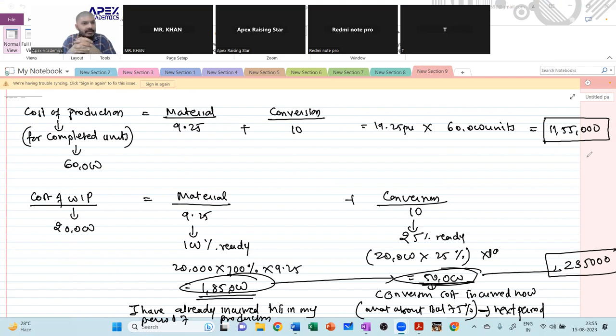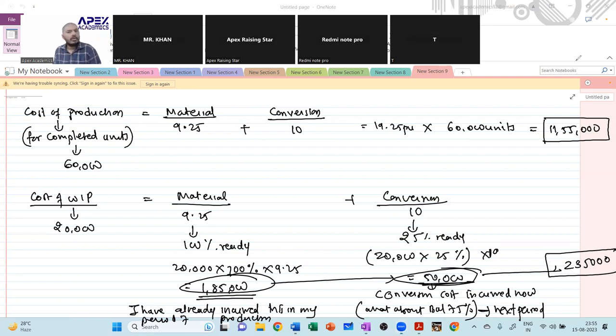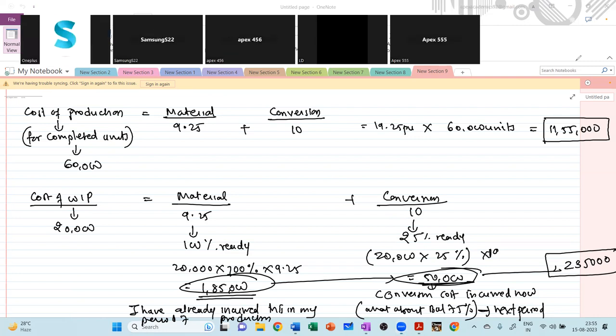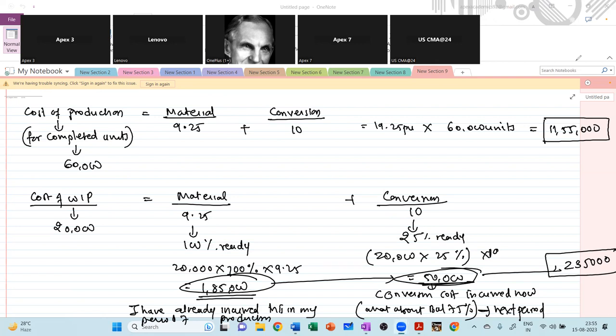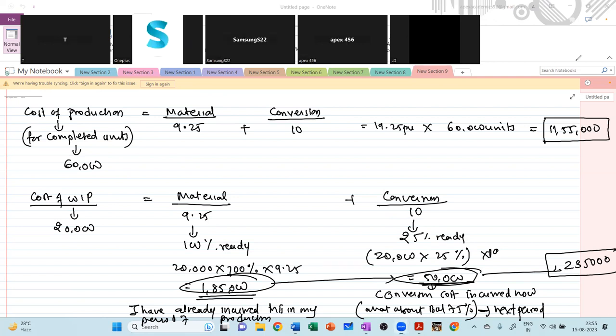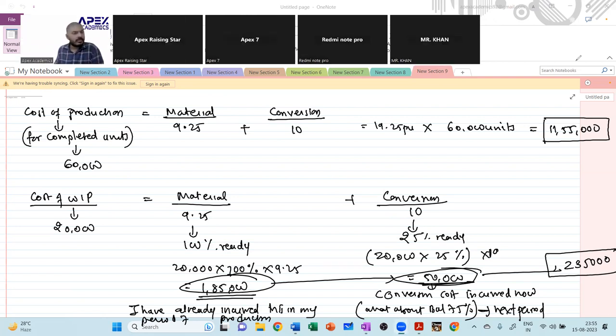Is this clear, guys? Cool? Thumbs up? Yes or no? So can you re-explain this sum? You want me to do the whole sum? What do you want me to do? I didn't understand the material cost 9.25 and 19.25.